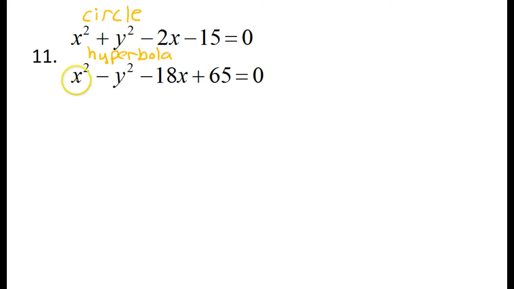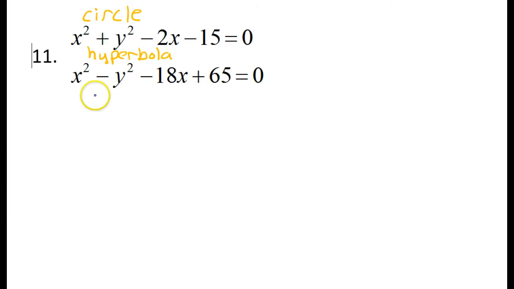I can tell because the x squared has a positive coefficient, while the y squared has a negative coefficient. Let's solve this system and find out what the points of intersection are. But you're talking about a hyperbola and a circle, so it's something basically like this, and we're looking for these intersection points.